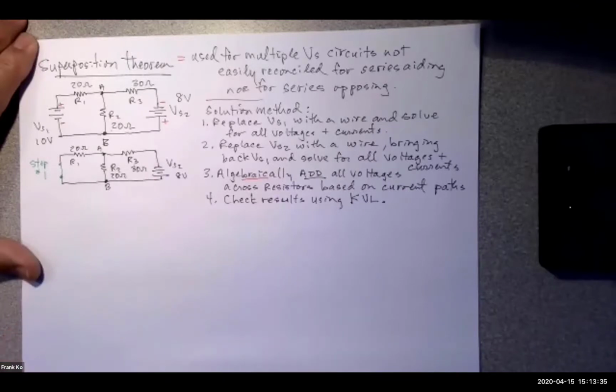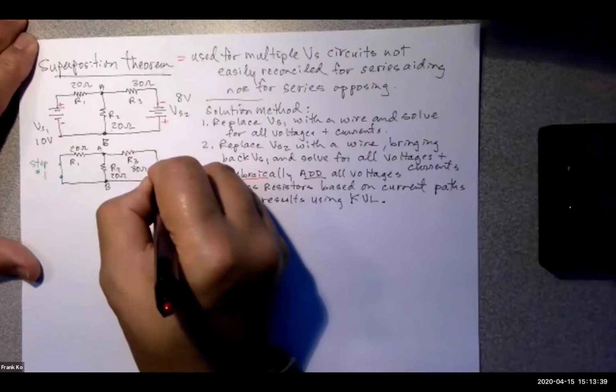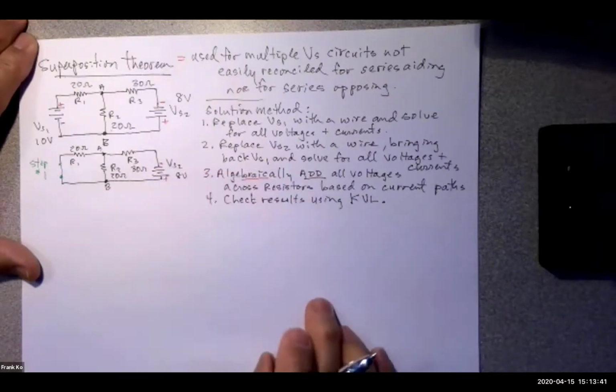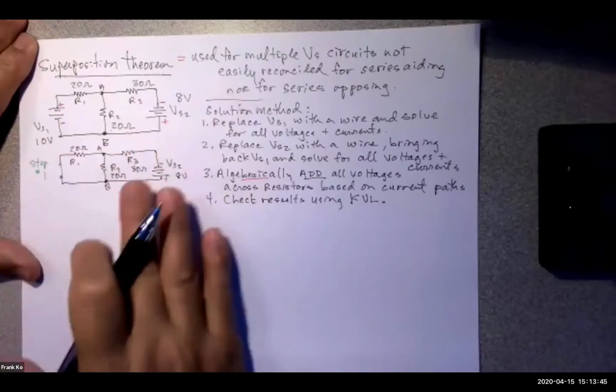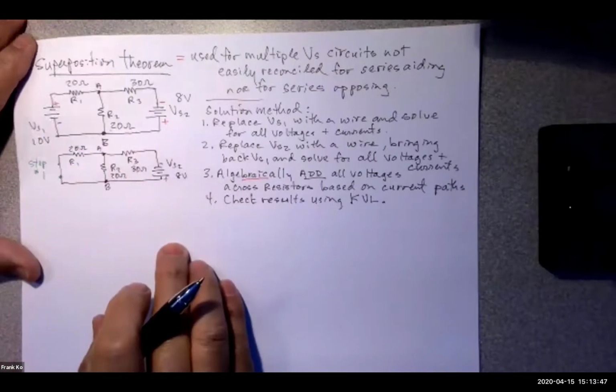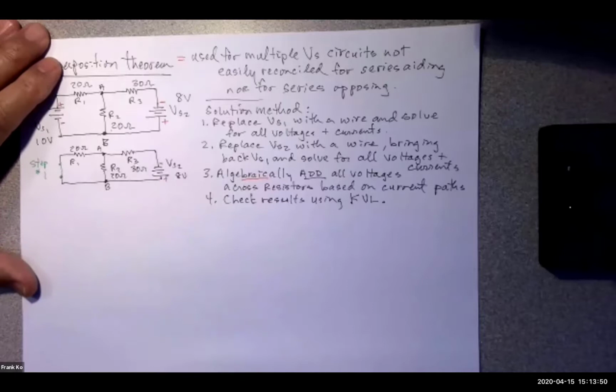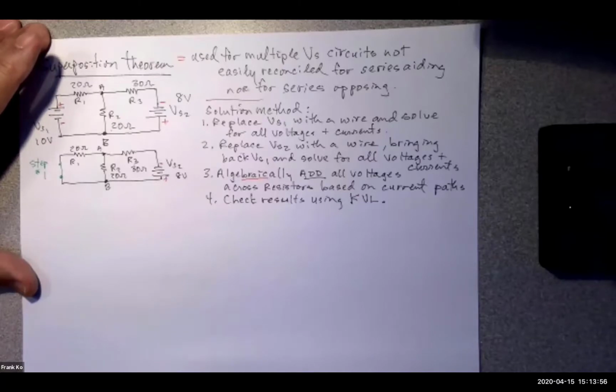Everything else is the same. The polarity on that voltage source has not changed. It's still going to be negative on top and positive on the bottom. So now I have to do an analysis on what's happening with this particular schematic. I need to calculate voltages and currents. So let's go ahead and do that.